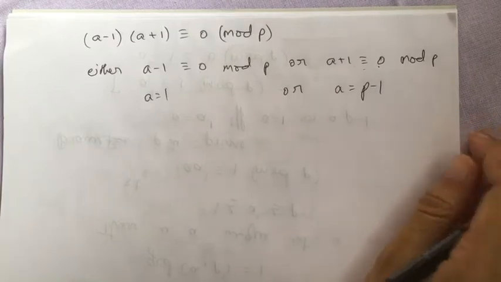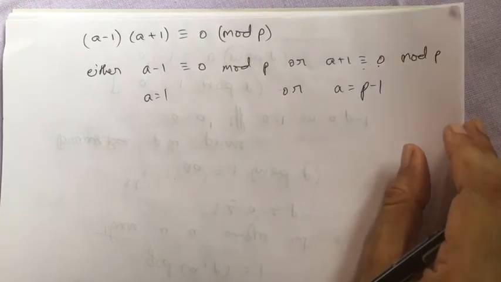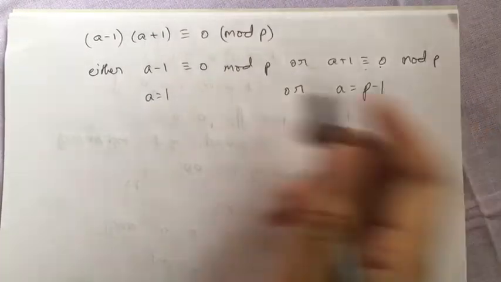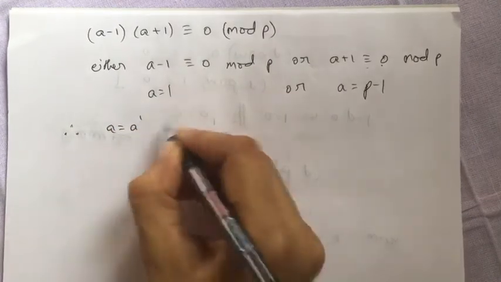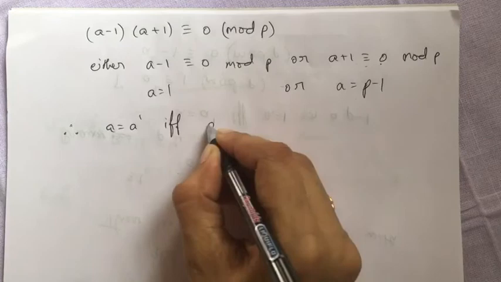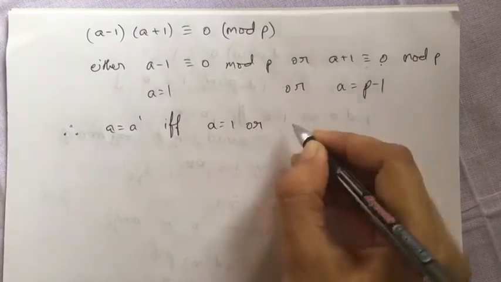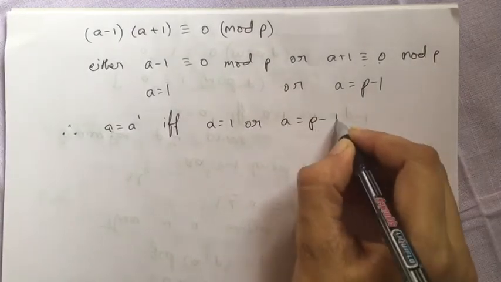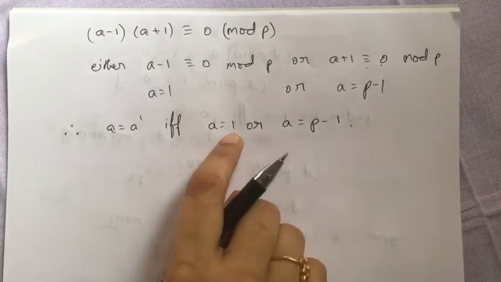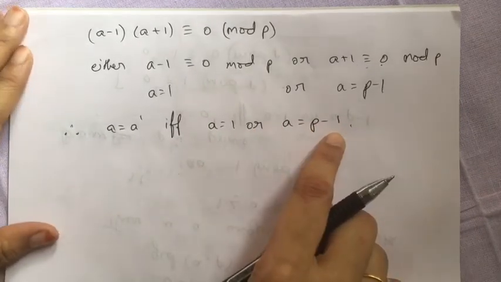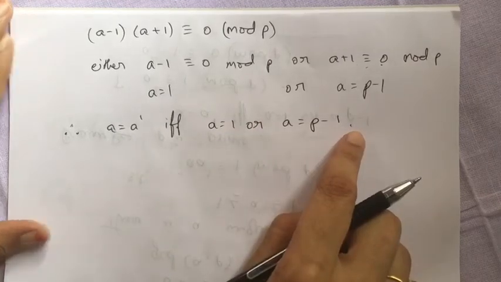Therefore, a is equal to a dash if and only if either a equals 1 or a equals p minus 1. Now let us omit these solutions 1 and p minus 1.